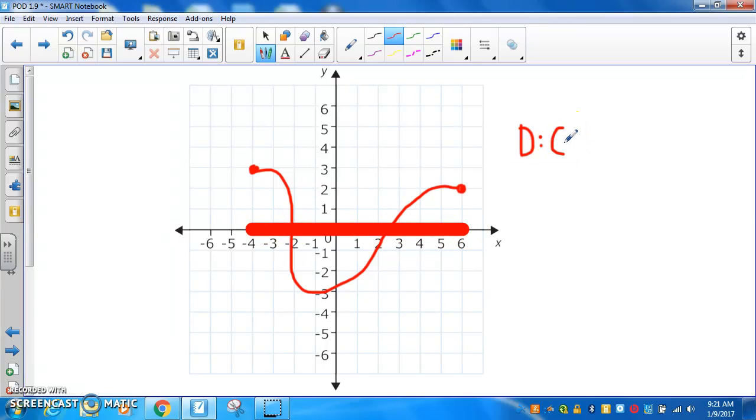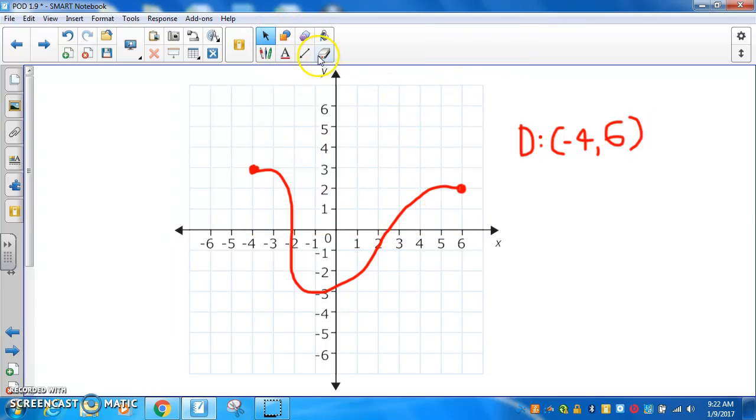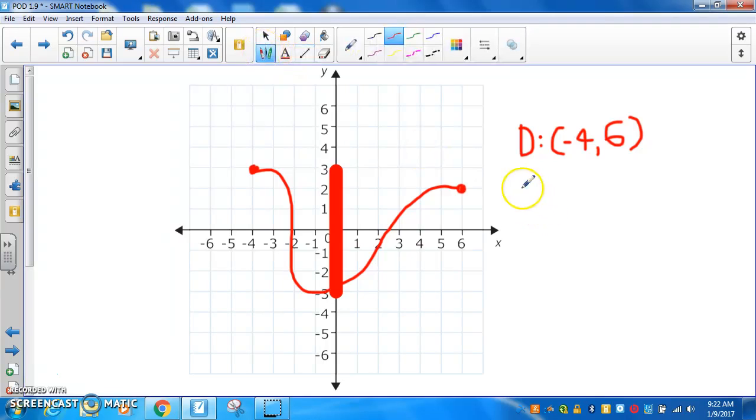In this case, I'm going to write it like this. Similarly, my range is from -3 to 3. There's nothing too complicated about it.